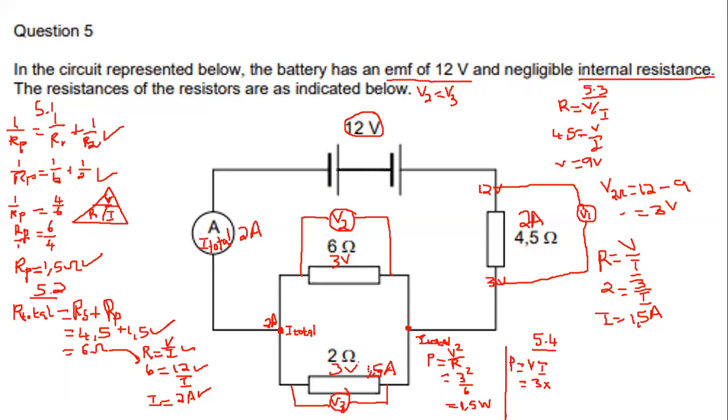So if I take 2 and I minus 1.5, it means 0.5 will go there. So basically here I have 0.5 amperes. Then I is 0.5. So 3 multiplied by 0.5 will give me 1.5 watts. Remember, it's power.